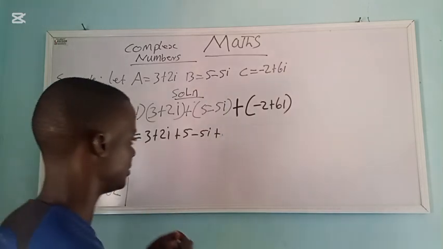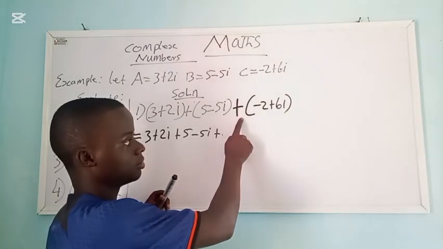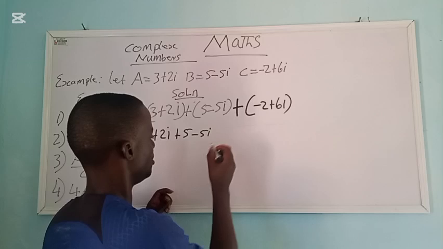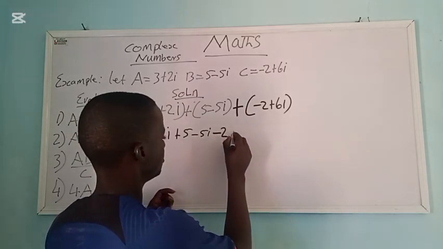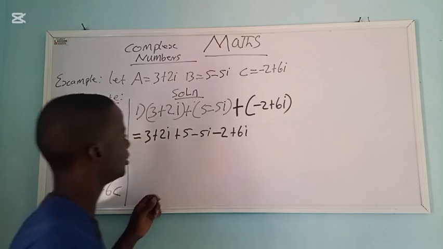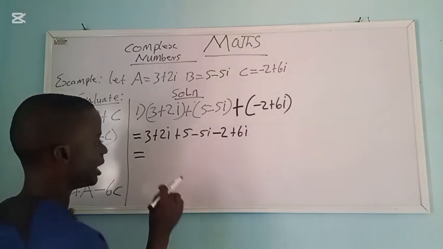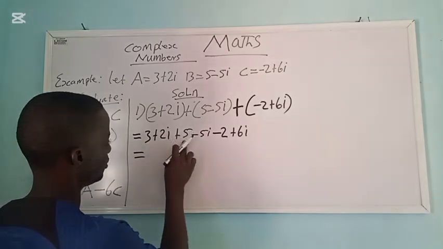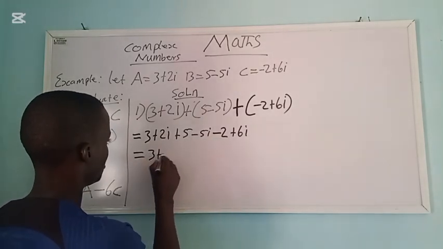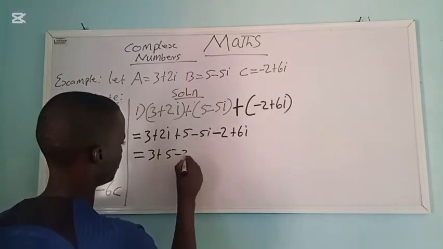So now when you check, you will see that this plus will multiply with this minus, and minus times plus will be minus. So it will be minus 2, then plus 6i. So now we'll collect the like terms. This one and this one and this one, they are like terms. So we have 3 plus 5 minus 2.